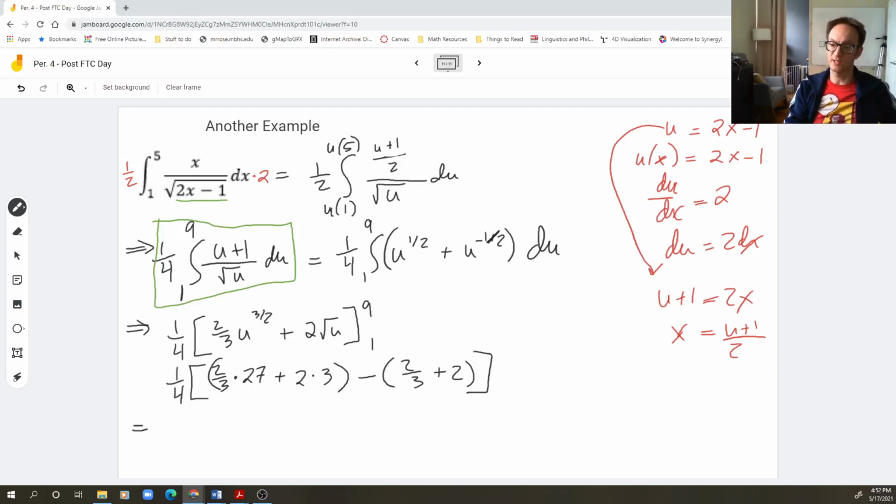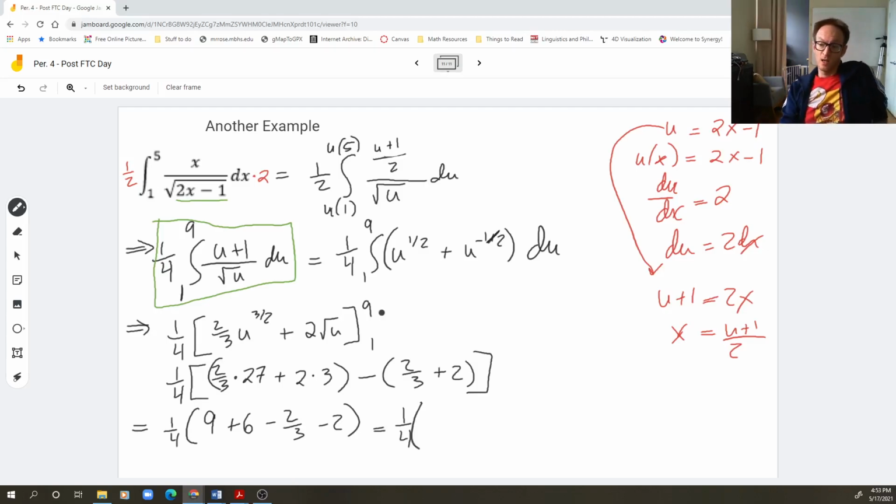And so what is all this? It's 1/4 times 9 plus 6 minus 2/3 minus 2. So that is, I hope this is all right. Let's see, 15 minus 2 is 13 minus 2/3.